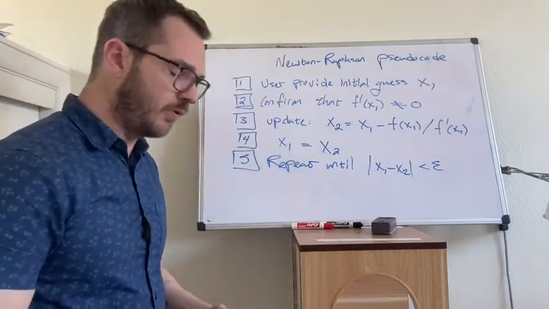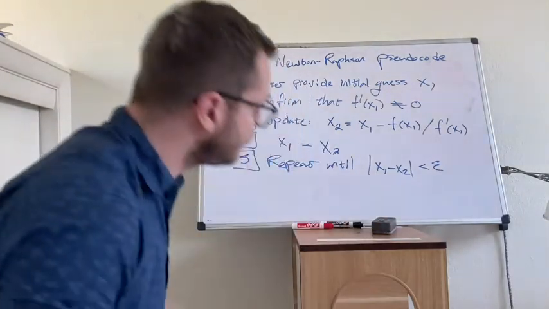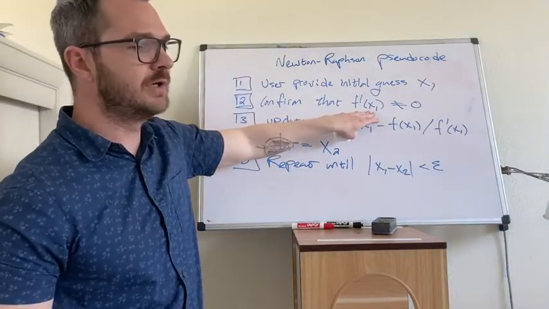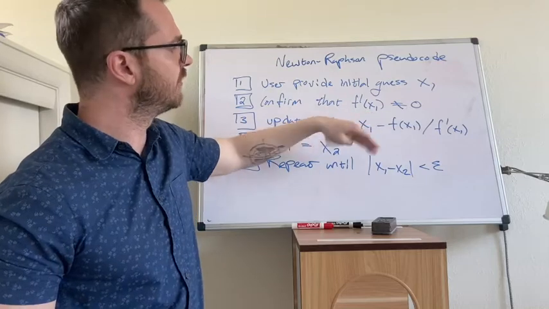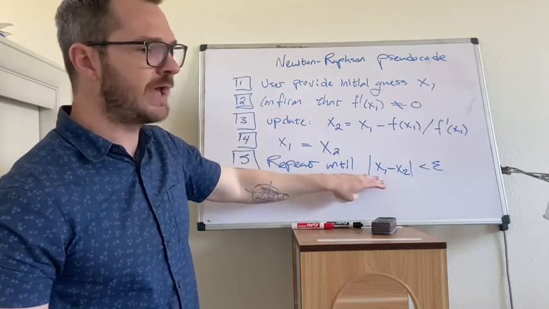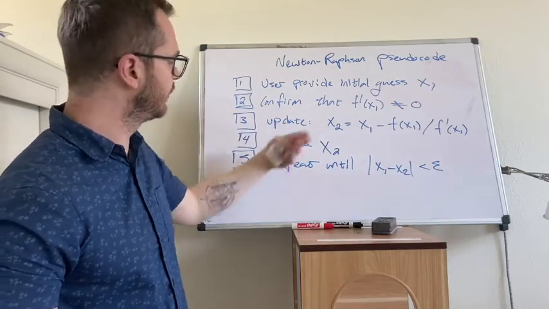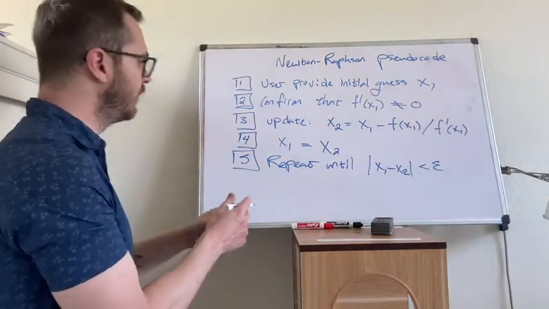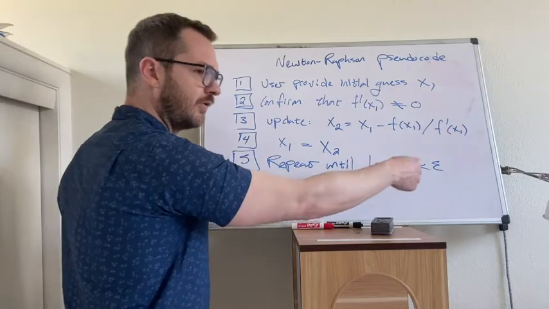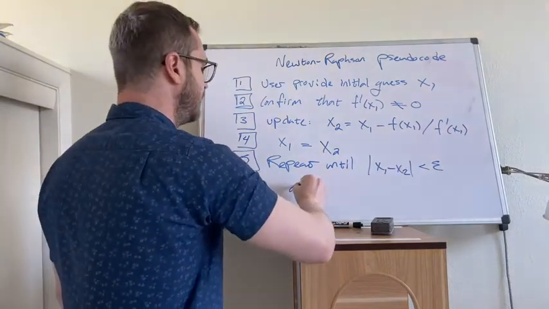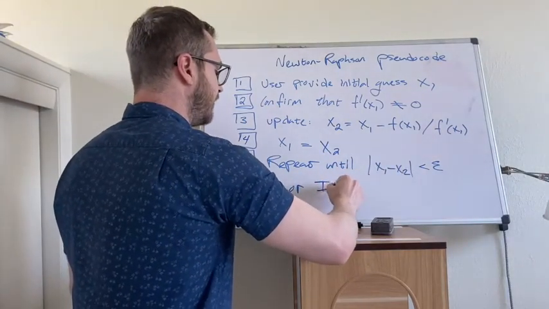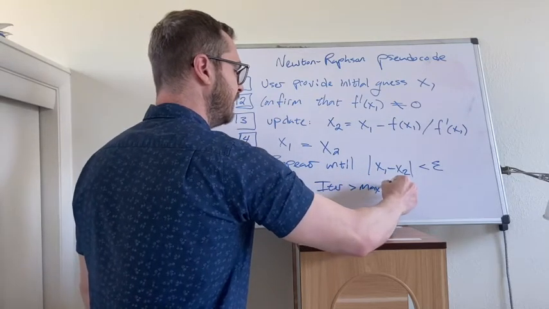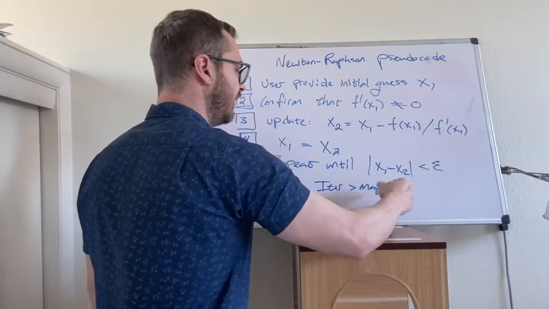We talked about, though, what can happen with these numerical methods. If you get an ill-tuned initial guess, or maybe there's some local minima, maybe you don't actually converge. So you're repeating this loop and this never gets satisfied. So let's add one more, and let's say we're going to repeat until we converge, or the current number of iterations is greater than some maximum number of iterations.